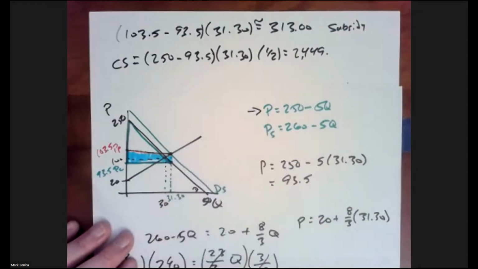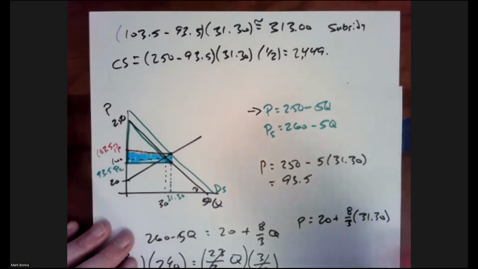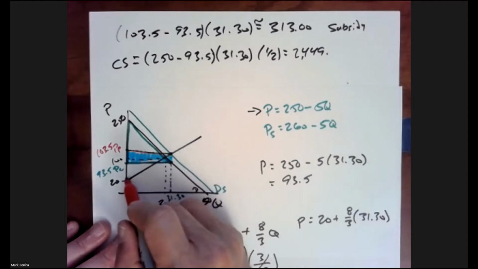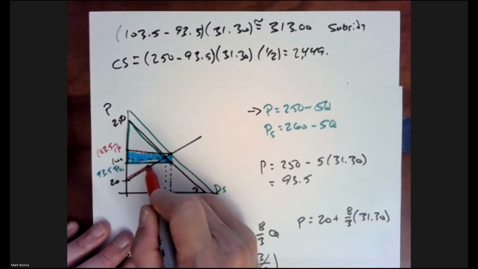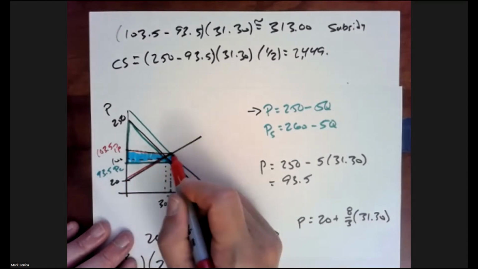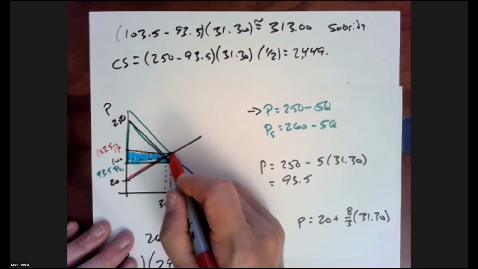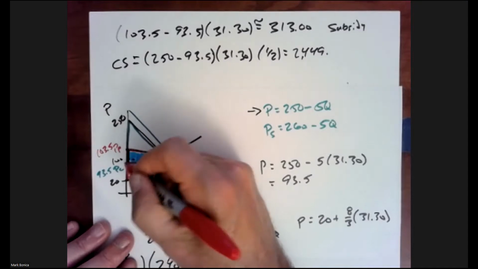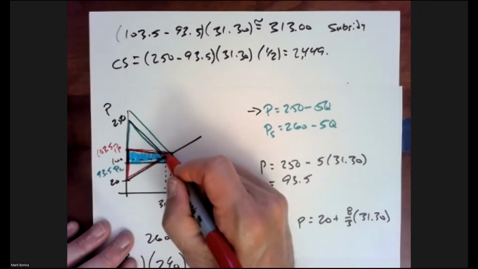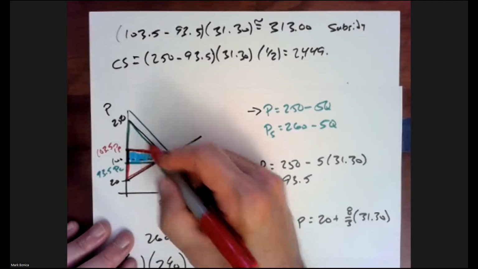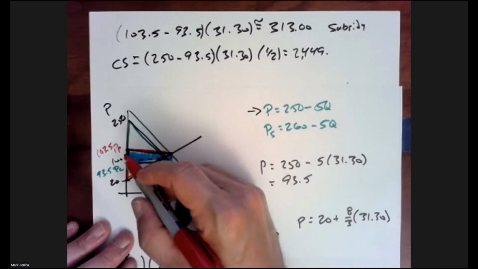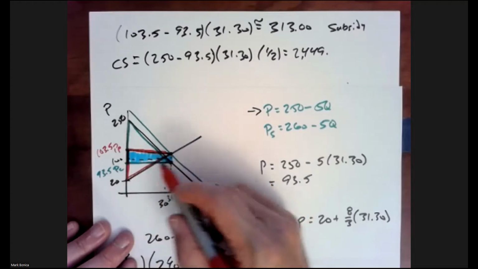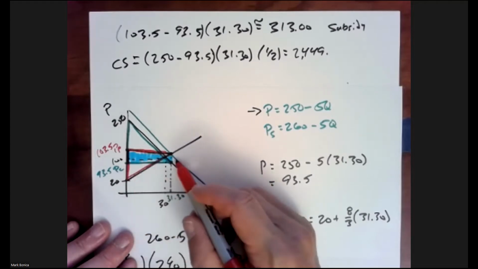Okay. How about the producer surplus? Well, the producer surplus is the area above the supply curve up to the quantity and then below the price that the producer receives. Now notice that these triangles are overlapping, right? The green triangle goes down here and overlaps, and the red triangle goes over the green triangle. And that space where they're overlapping is the subsidy.